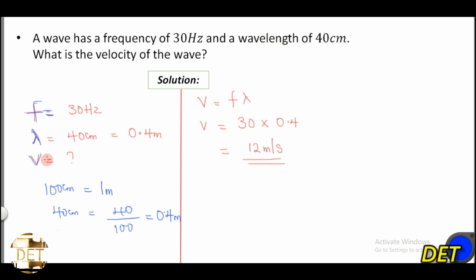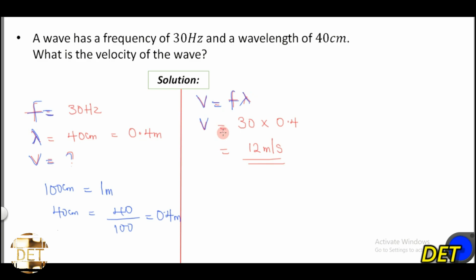So that's how we got these 40 centimeters to be 0.4 meters. Then the velocity is what we're looking for. What is the velocity of the wave, right? So what's the formula that connects frequency, wavelength, and velocity? The formula that connects it is V is equal to f lambda, right? V is equal to frequency times wavelength.